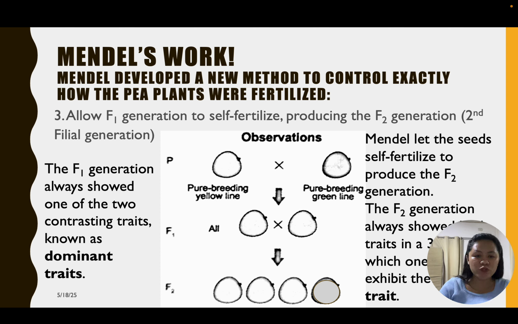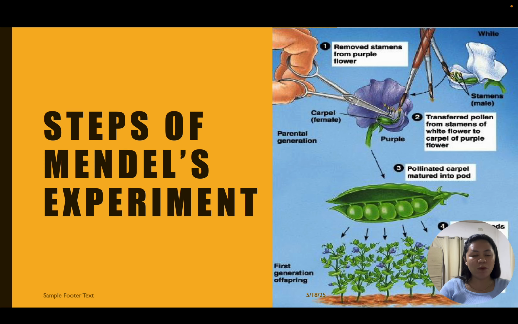So, ngayon, yung F2 generation always showed traits in a 3:1 ratio, with one offspring, or the 25%, exhibiting the recessive trait. Okay? So, yeah. So, ito yung steps na ginawa pala ni Mendel before proceeding with either self-fertilization or cross-fertilization.